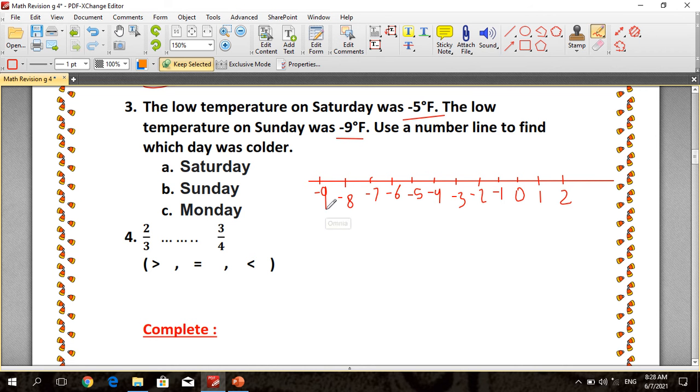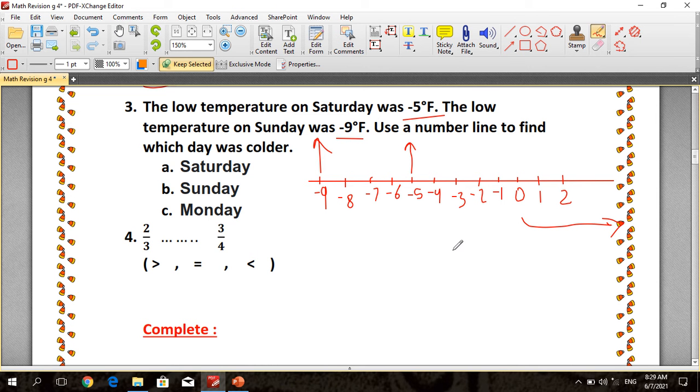On Saturday it was -5, here is the -5, and Sunday was -9, here is the -9. Which of these is smaller, -5 or -9? You need to know that on the number line, when we move from left to right, we move from small numbers to big numbers. For example, 0 is smaller than 1, smaller than 2.